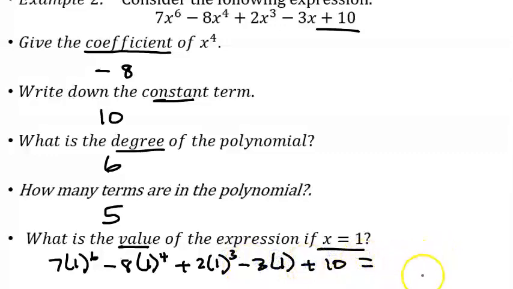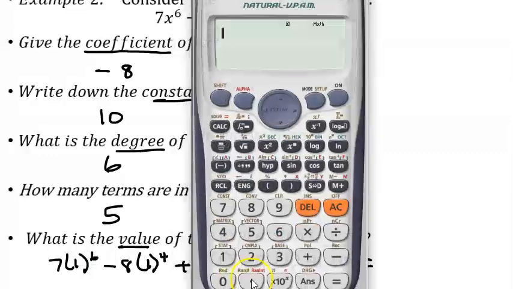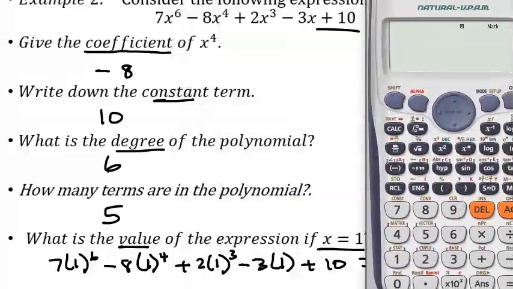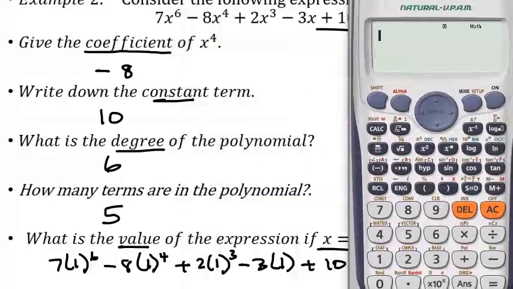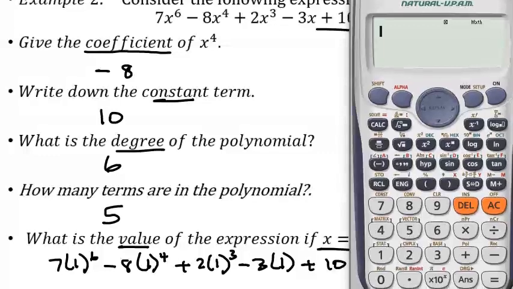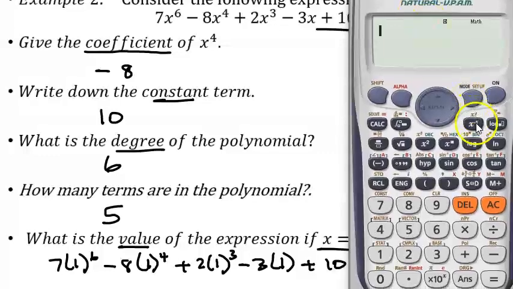Now at this stage, we can work it out without a calculator, but I'm going to use the calculator in this particular example. I don't really encourage the use of calculators in grades 8 and 9. However, in the exam, we can excuse that. I mean, you have to learn how to use the calculator at some stage.